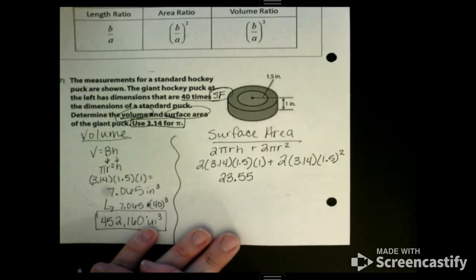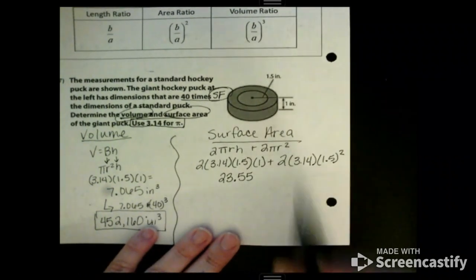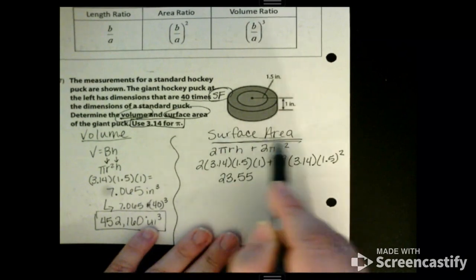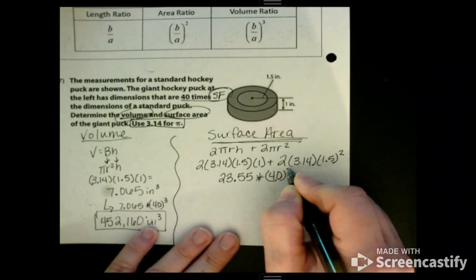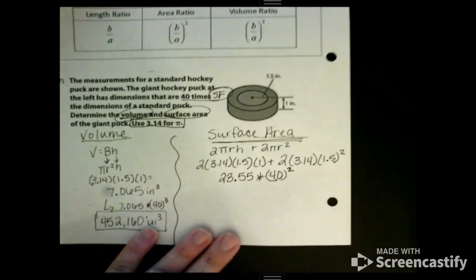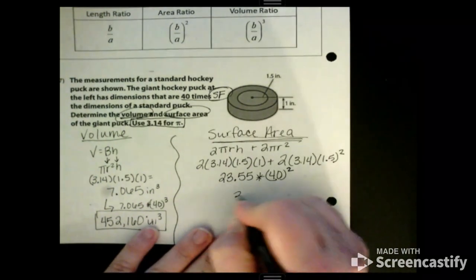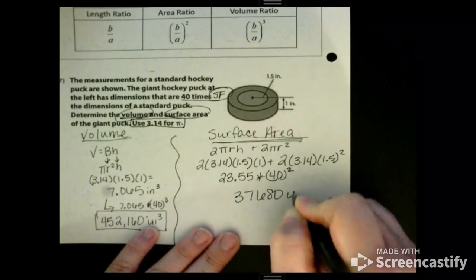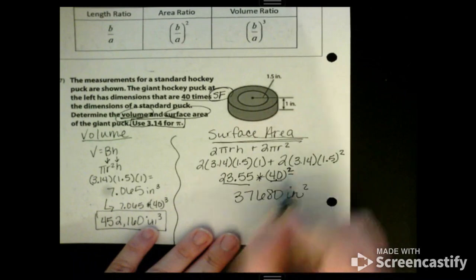You have to multiply by my scale factor, but I'm finding surface area. So what do I do to my scale factor? Multiply it by 40 squared. 3768. Good. Did you do 23.55 times 40 squared?